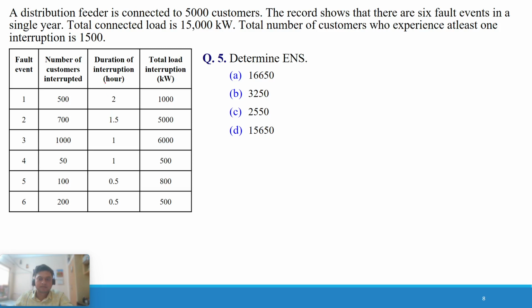So ENS, we know the full form of ENS is energy not supplied. It is defined as the total load interrupted multiplied by the duration for which it is interrupted.